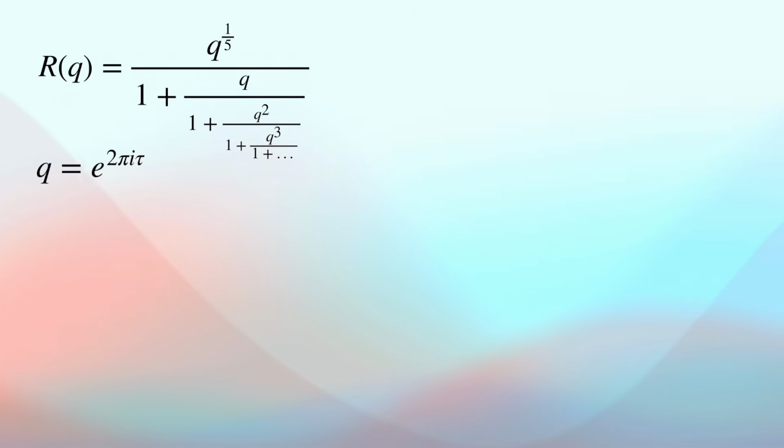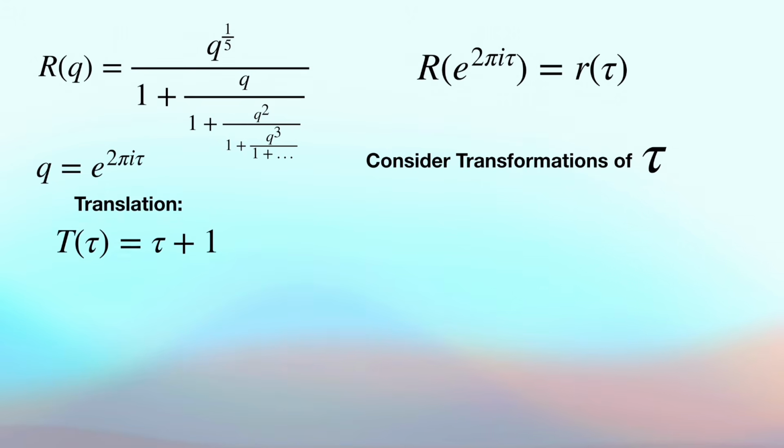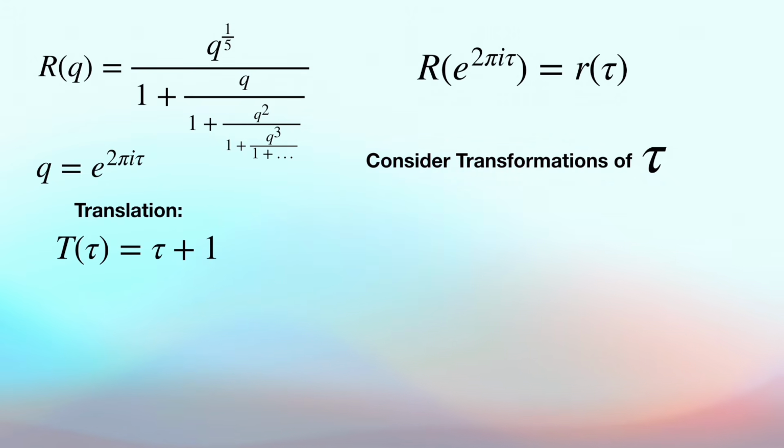So applying the gnome to Q transforms it into a complex function of tau, we'll call lowercase r of tau. And we want to consider transformations of tau, such as translation of 1.